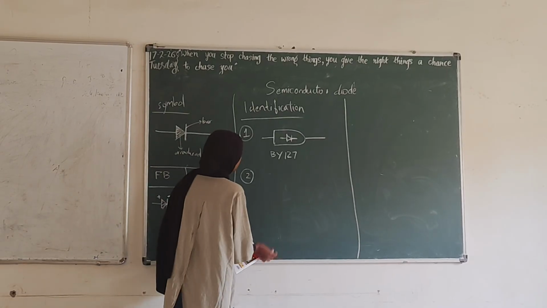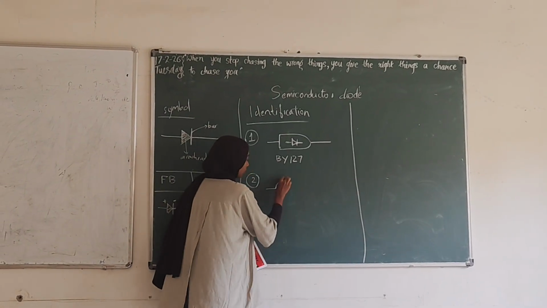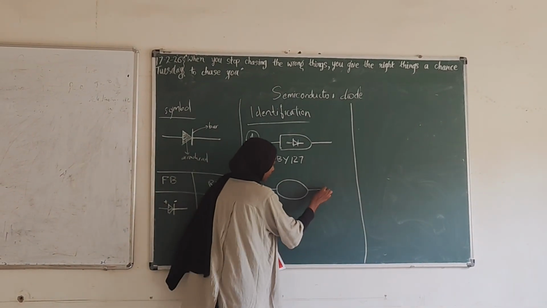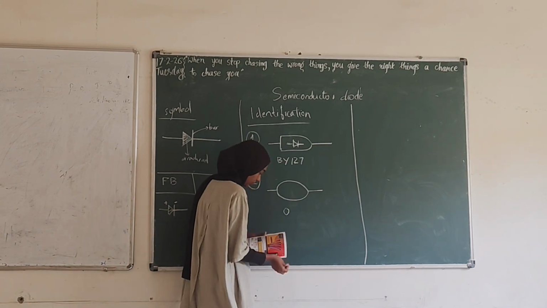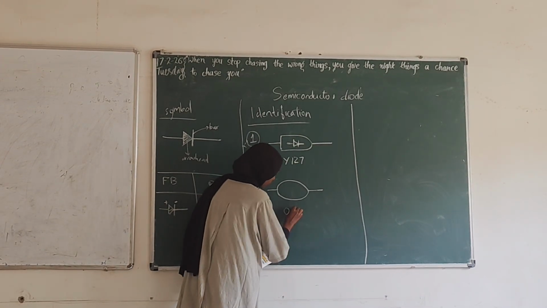The second method is the color method. We can take the example of the diode OA80.